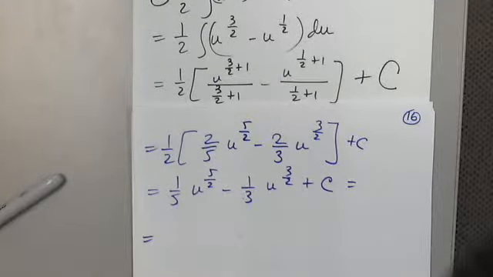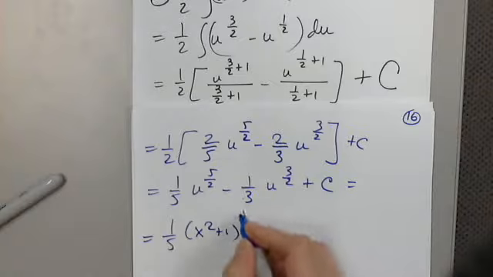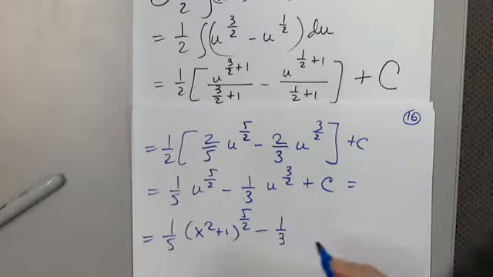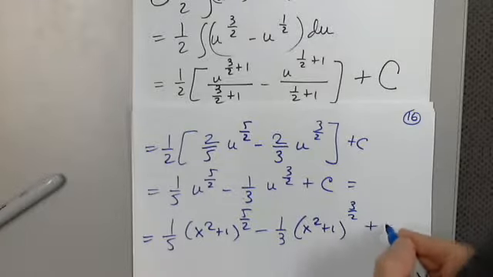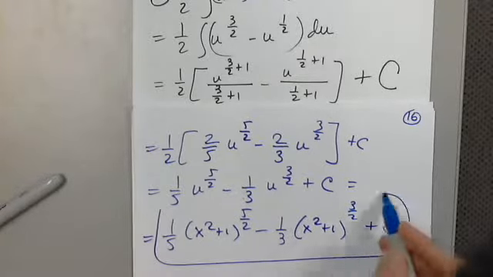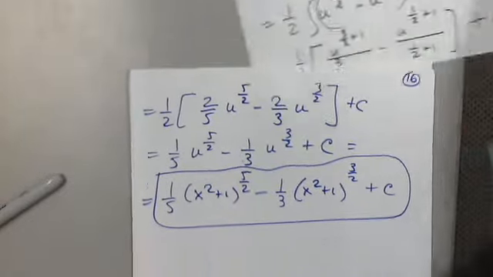And I have no choice. I have to go back and replace u by x squared plus 1. So 1/5 (x squared plus 1) to 5/2 minus 1/3 (x squared plus 1) to 3/2 plus a constant c. Ugly. Quite ugly.